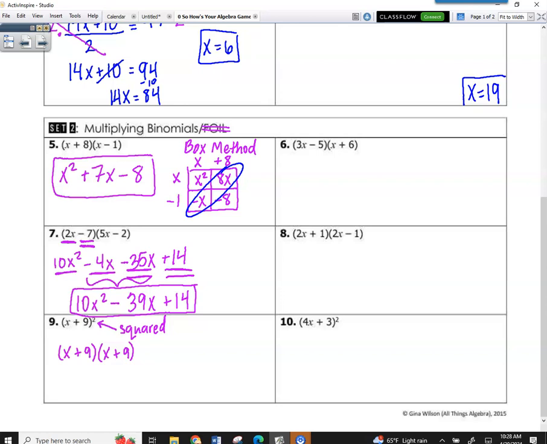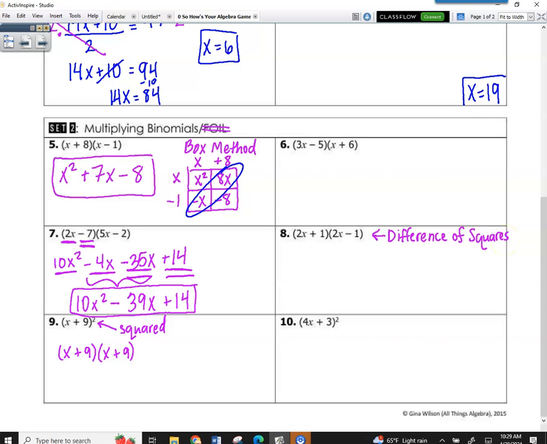And the reason why, what do you notice about these 2 sets of parentheses? Tell me what you see. They both have a 2x. And they both have a 1. But one's negative 1. There's a difference in the sign. This is called a difference of squares. Y'all all need to write this.